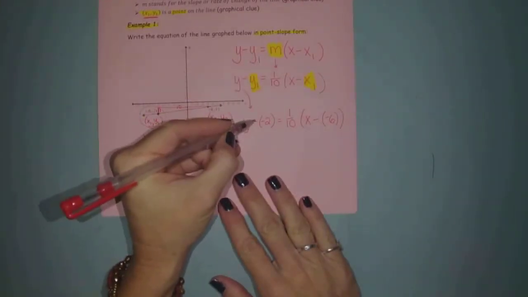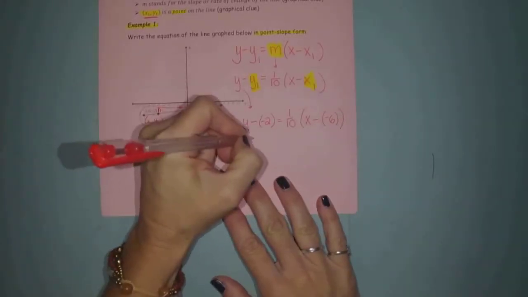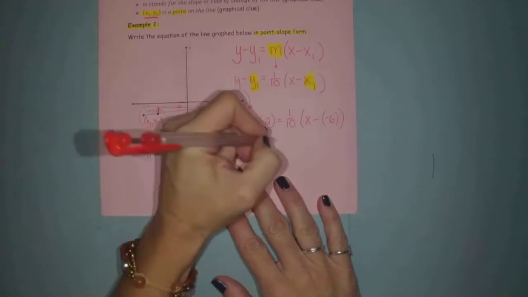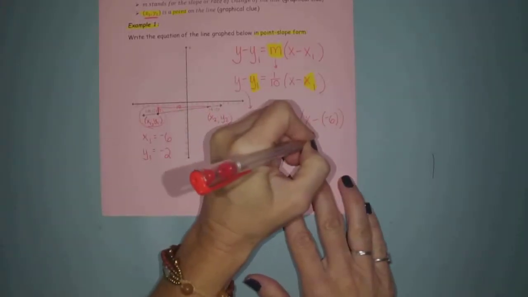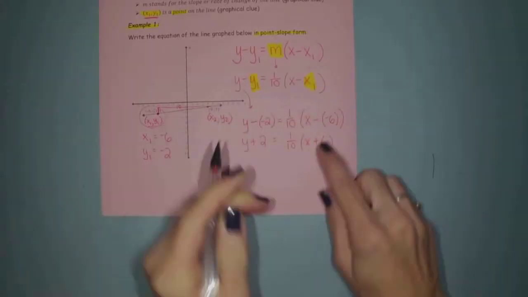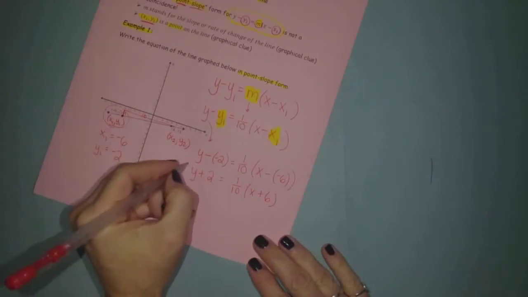Now, most mathematicians will actually go one step further with this. Since negative times negative makes positive, we could write this as y plus 2 is equal to 1/10 times x plus 6. And again, that's just because of the double negative. But here's the deal.